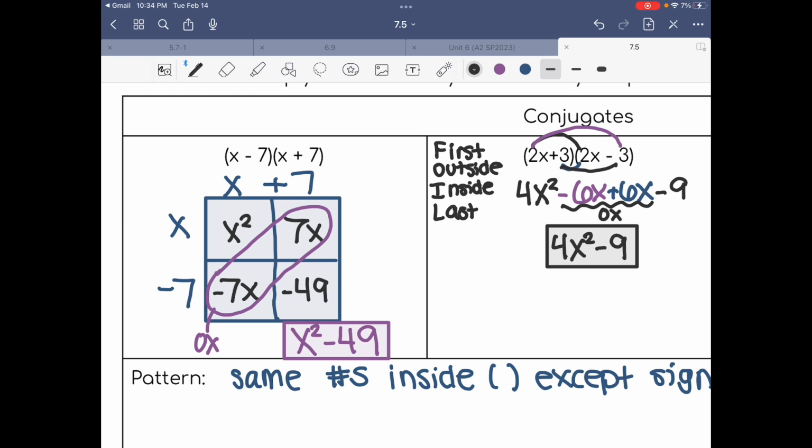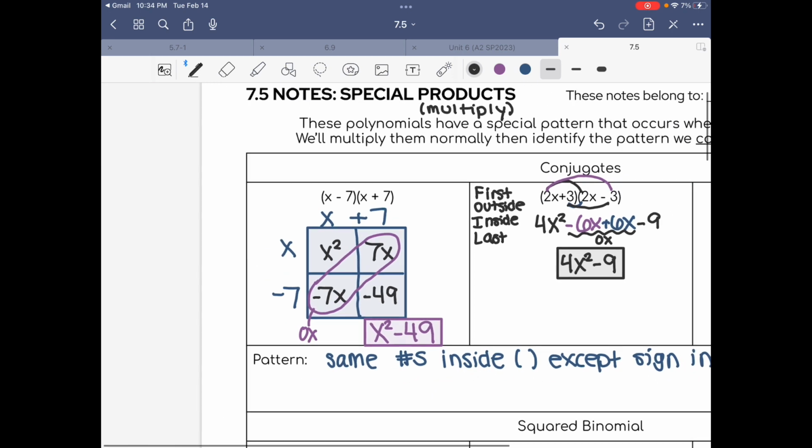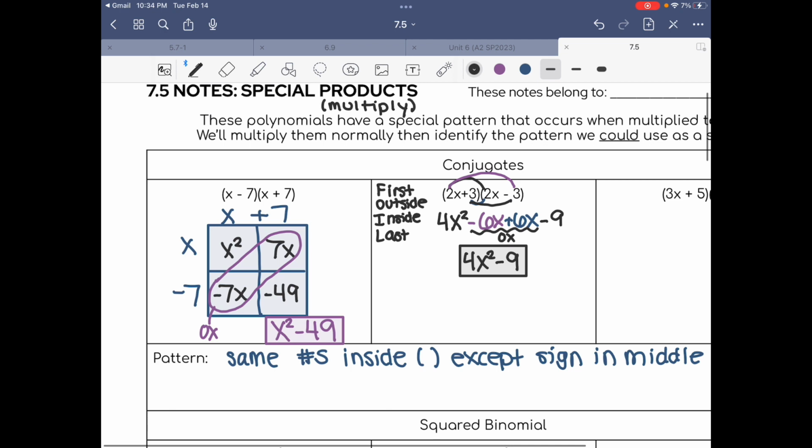Now, let's look at these first two and decide, is there a pattern here? Well, first of all, on both of them, the numbers in the middle added to 0. So that's the first part of the pattern, is that the middles cancel. So the two terms in the middle cancel.